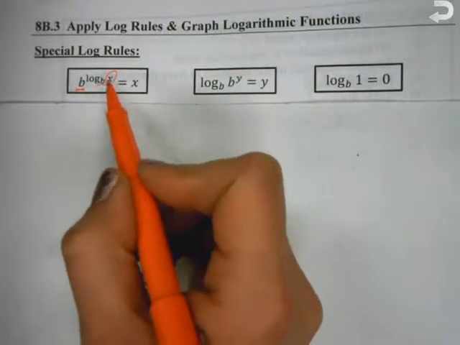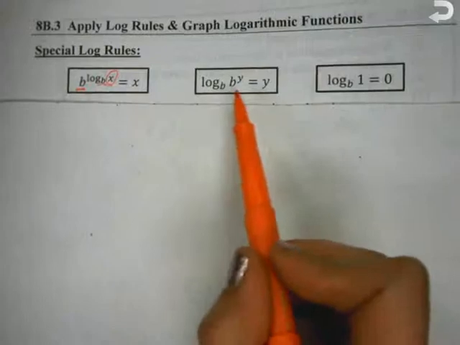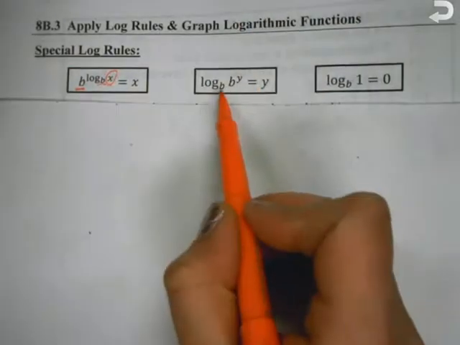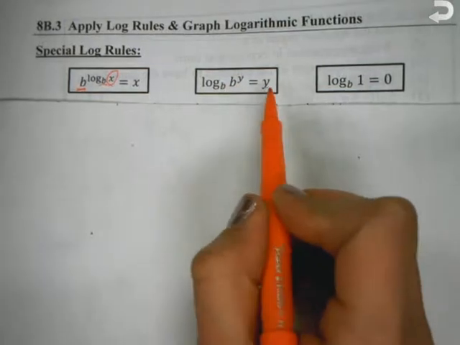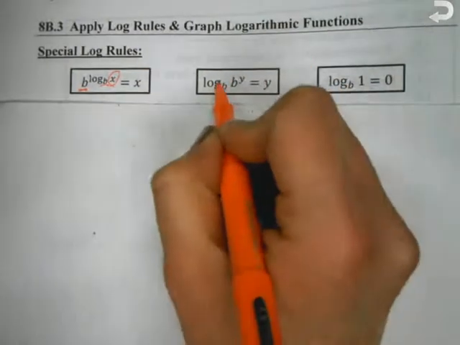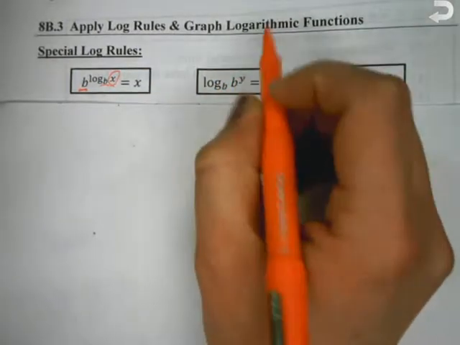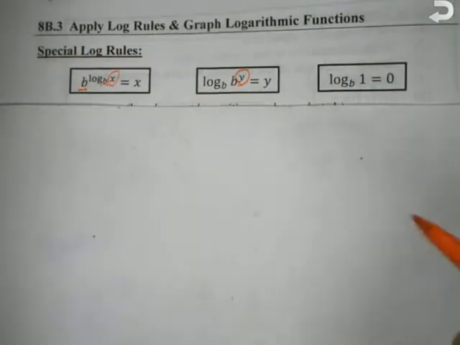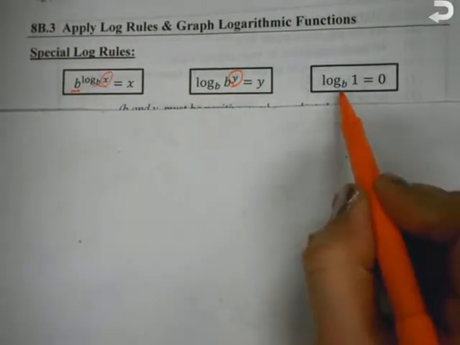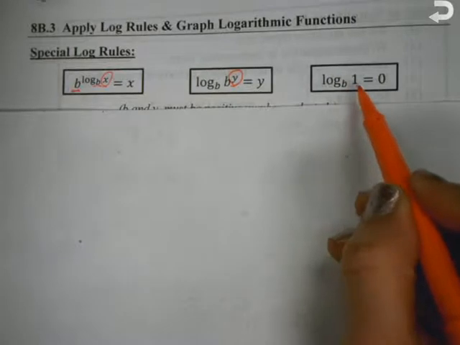Okay? And then remember yesterday how if we had a problem like log base 6 of 6 squared, the answer was just 2. So when we have log base b of b to a power, our answer is just the exponent right there. Or if we are ever taking the log of any base of 1, it was always what? 0.